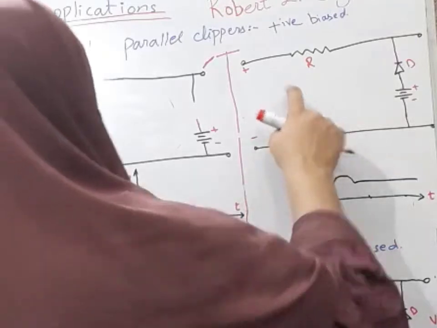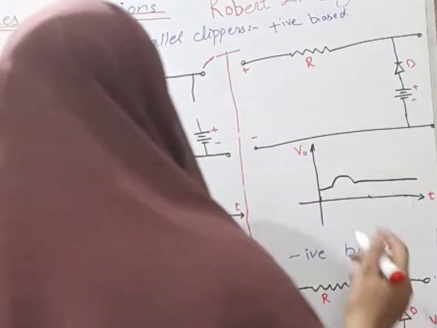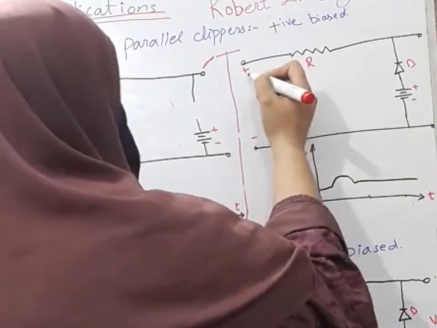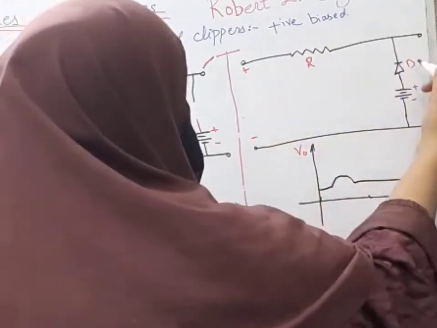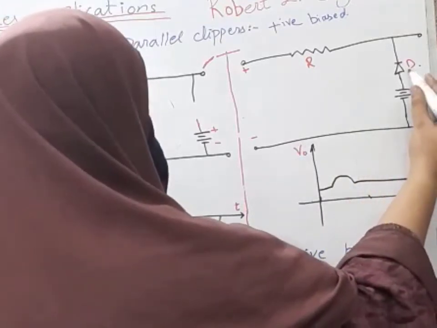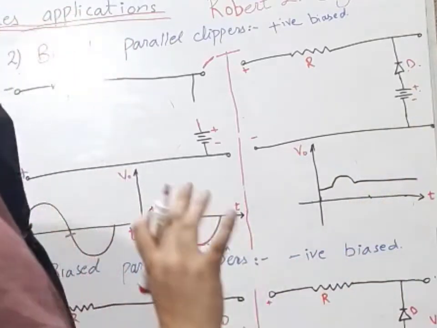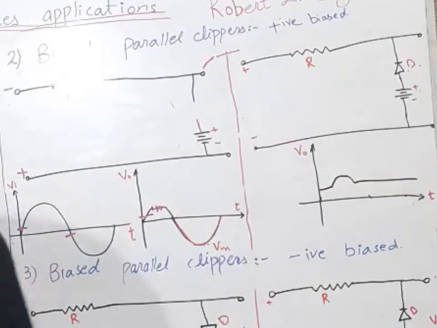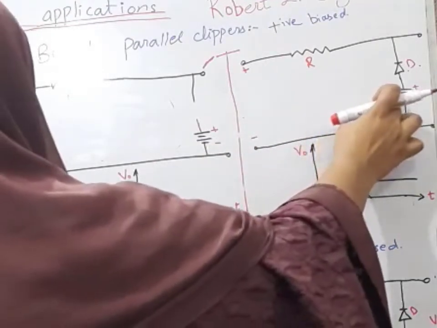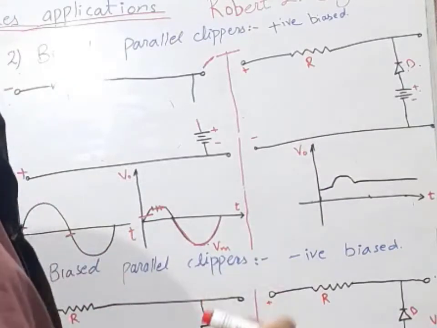In this case, for the positive half cycle, our input tries to make this diode reverse biased and the battery is trying to make this diode forward biased. Now we have to judge who is winning. Our input is at potential plus 1 and the battery is at potential plus 3.